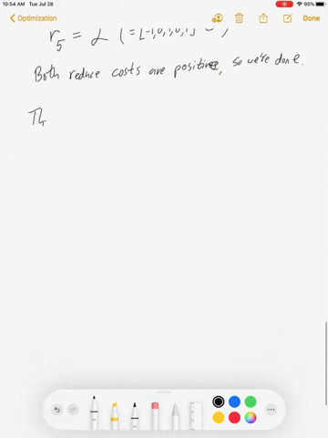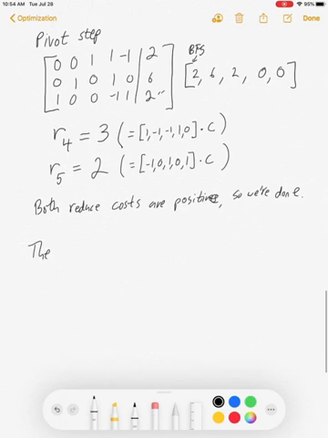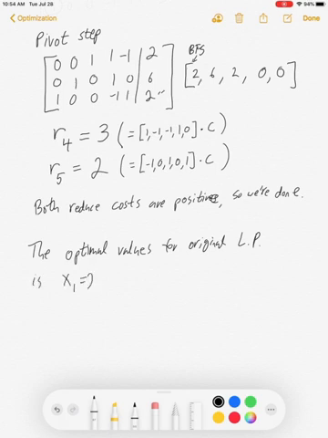So the optimal solution for our original linear program, we'd have x1 is 2 and x2 is 6. And that's our final answer.